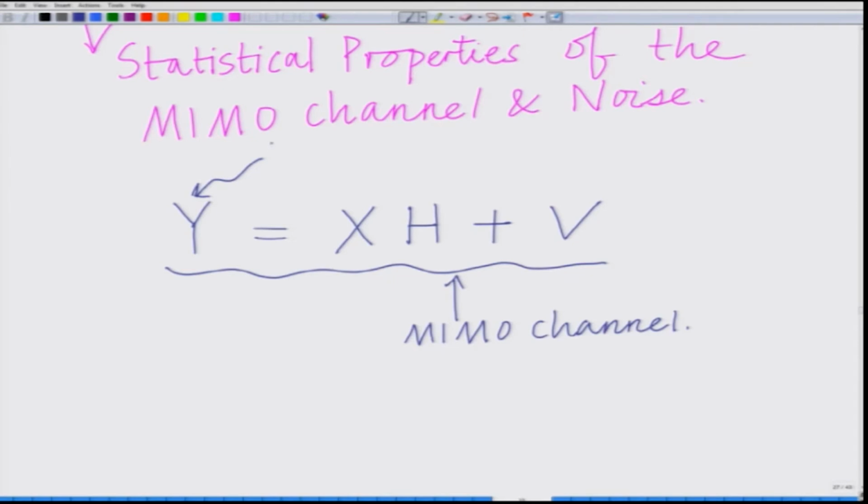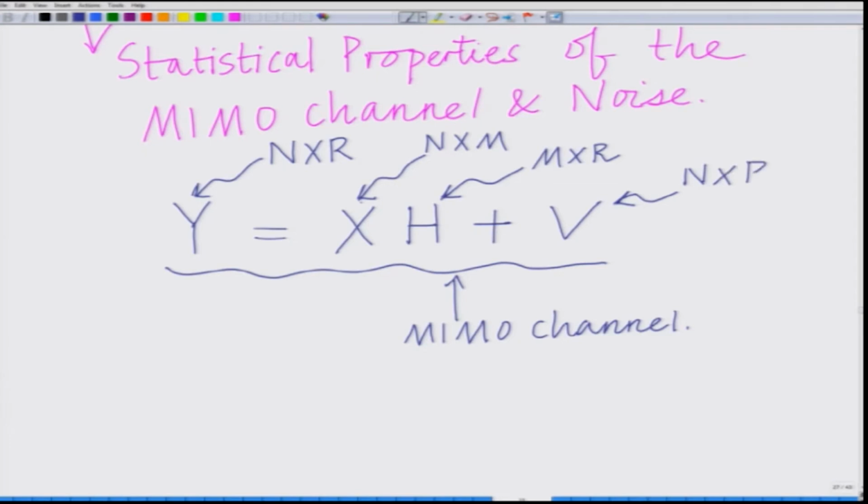Here y is an n cross r observation matrix, x is the n cross m pilot matrix, h is the m cross r MIMO channel matrix, and v is the n cross r noise matrix, correct.